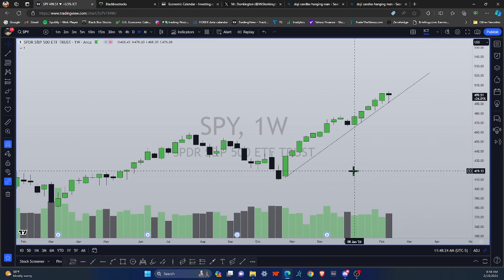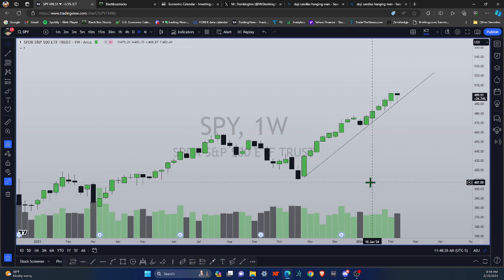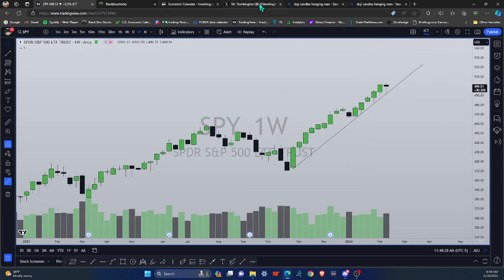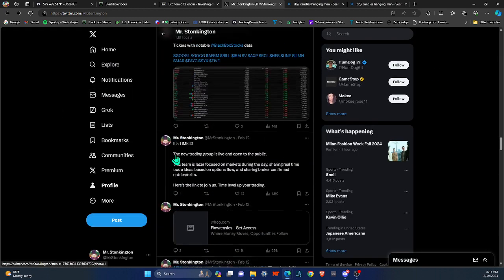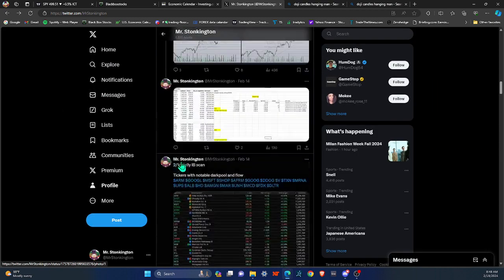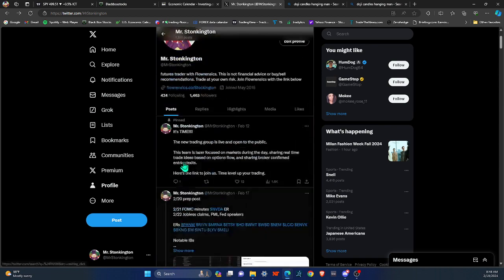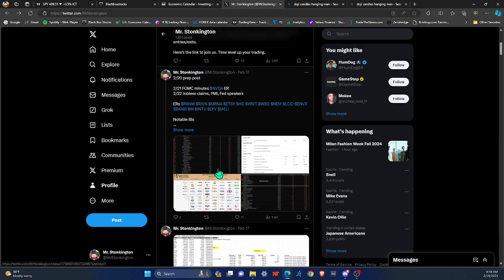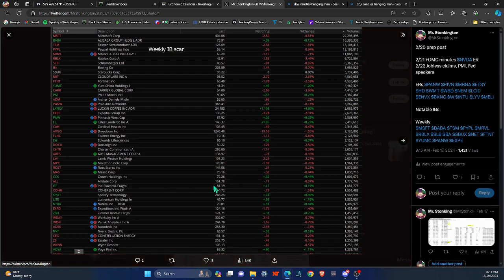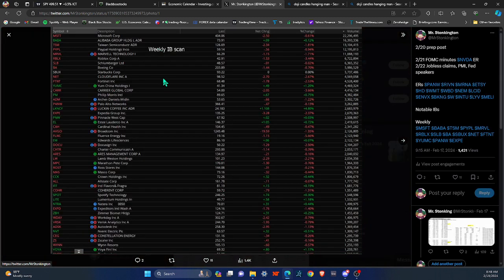So let's see, we've got the idea behind some of the chart setup. Let's do the next piece, which would be looking for how to build a trade idea based on some of these scanners. Here I've got my prep post moving into this next week, checking out the weekly inside bar scanners.